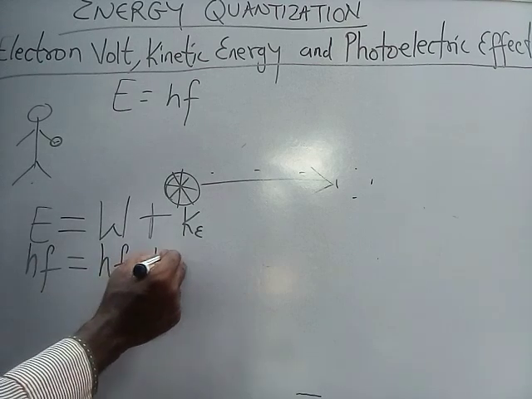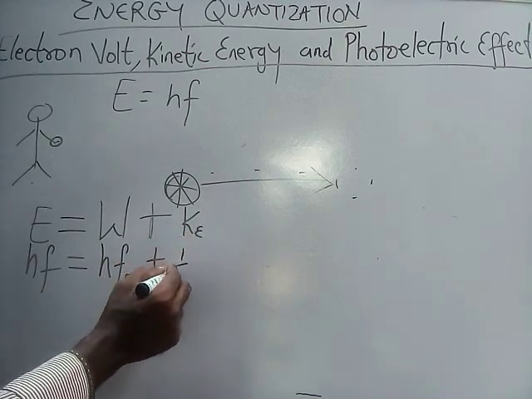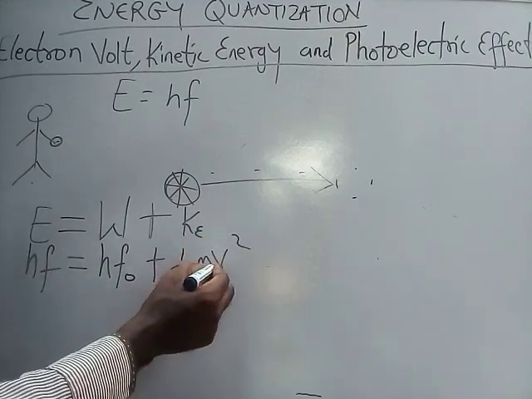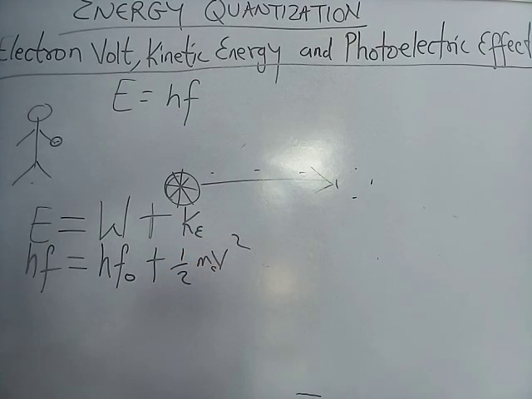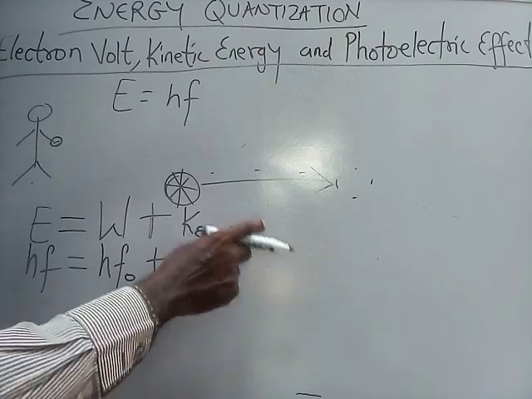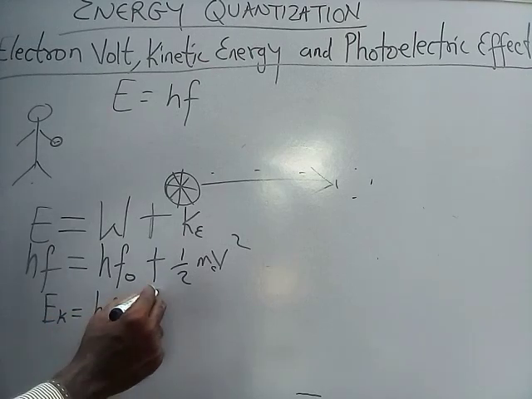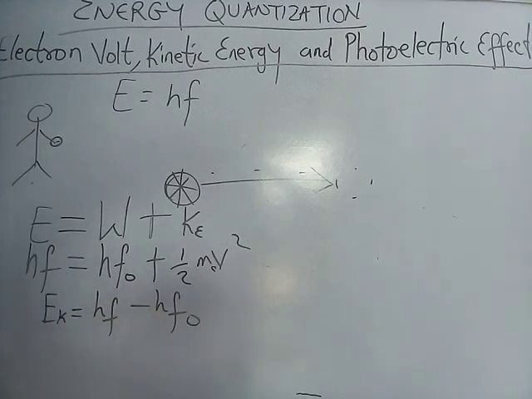And our kinetic energy is 1/2 mv squared, where m is the mass of the electron. I hope you are with me. So if I make kinetic energy the subject of the formula, kinetic energy equals hf minus the work function. Do you understand?